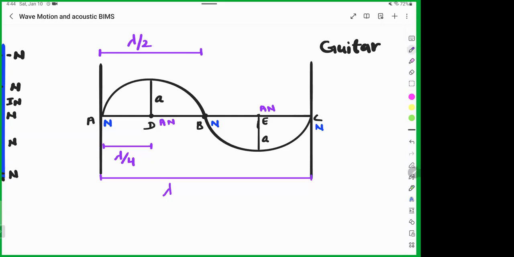So lambda is the full complete wave, half wave is lambda by 2, and half of the half wave is lambda by 4. Can you say you have node at A point, you have node at B point? In this situation, what is the distance between two nodes?